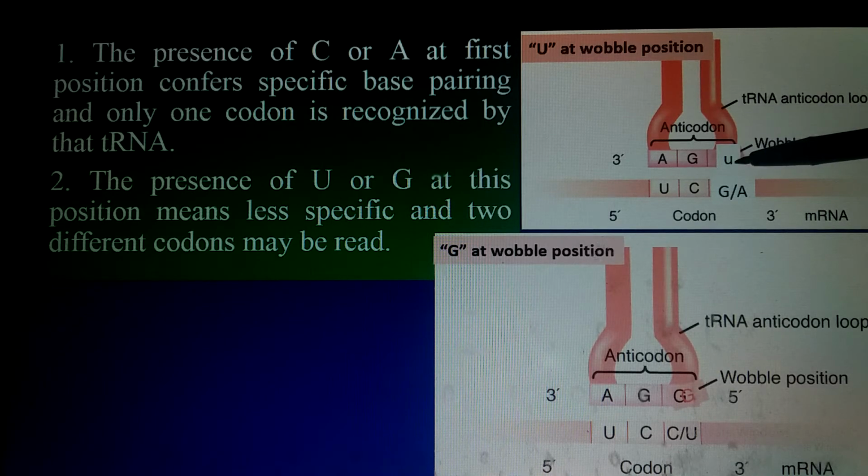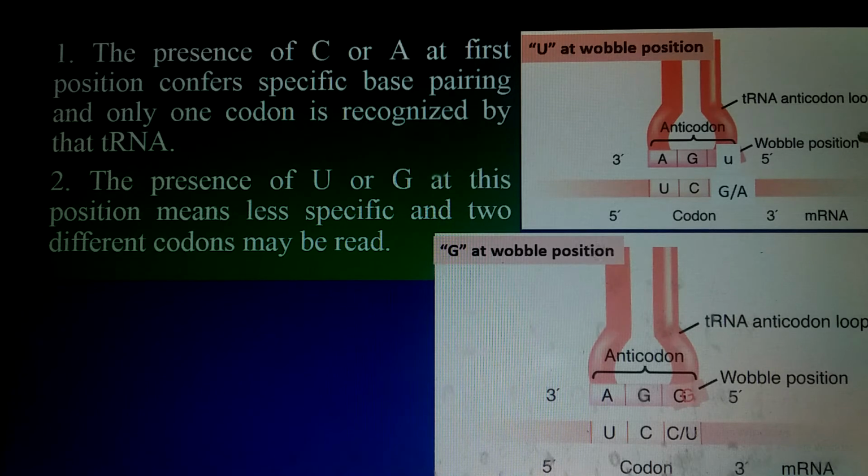This Wobble position, the base at the anticodon, can recognize the codon with G, A, U and many more. So what will happen? The first case. These are the cases related to the Wobble position. In the first case, the presence of C at position 1 of the anticodon can recognize just one codon.